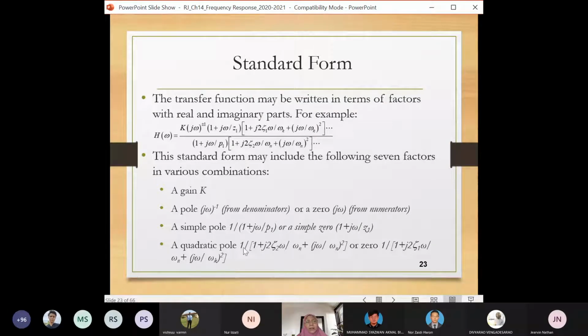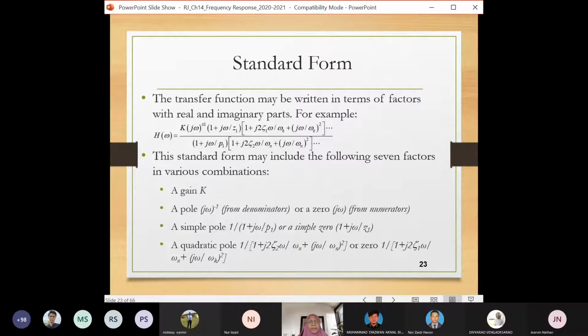A quadratic pole, where you have 1 plus j2η ω plus (jω) squared, gives an equation of s squared plus s plus a constant number. When you have a power of 2, that means a quadratic pole.